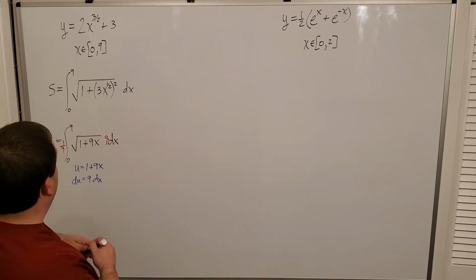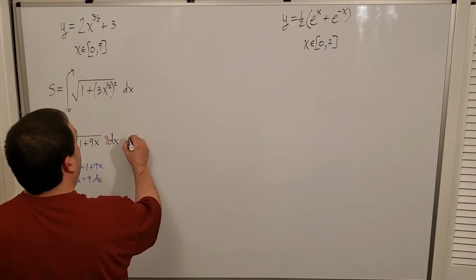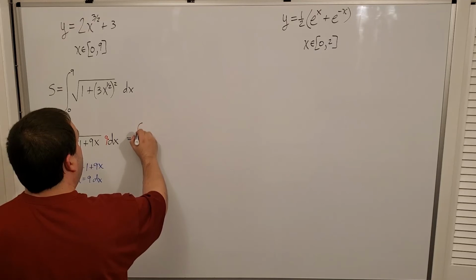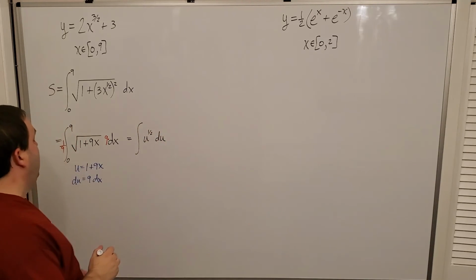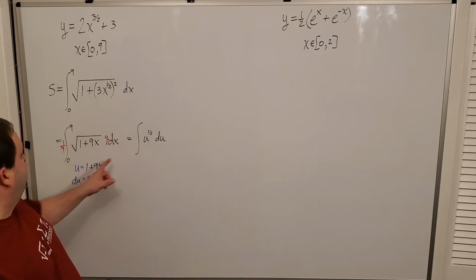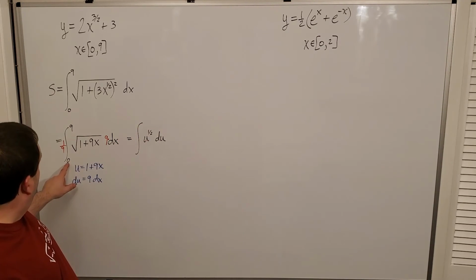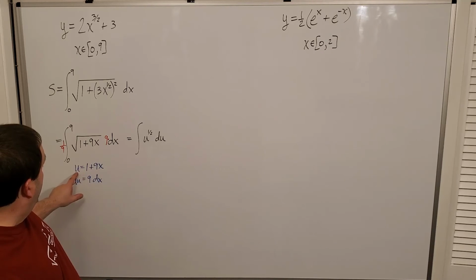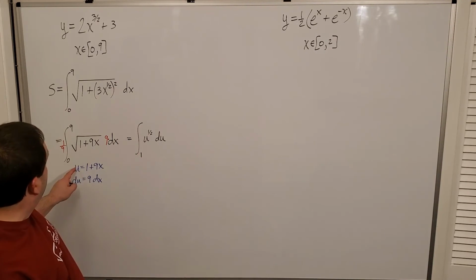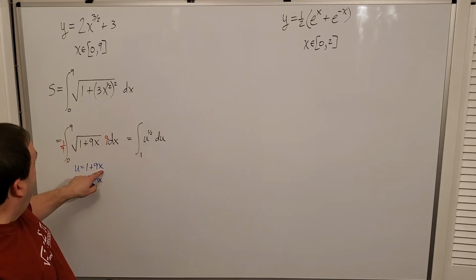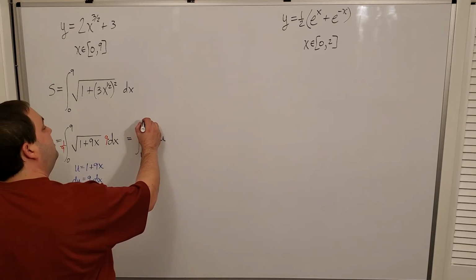And instead of square root, I'm going to write 1/2 power. So I have integral u to the 1/2 du. And now let's talk about what our limits become. When x is 0, u is 1. And when x is 9, 9 times 9 is 81 plus 1, I have 82.